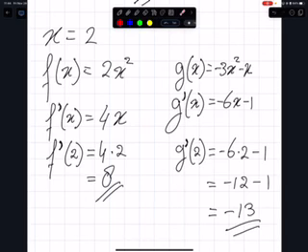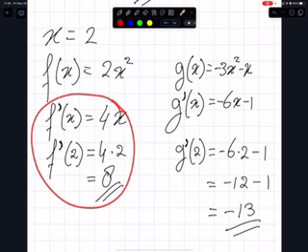The answer is A. Yes. Yeah, this is the same. The same. x is 2.